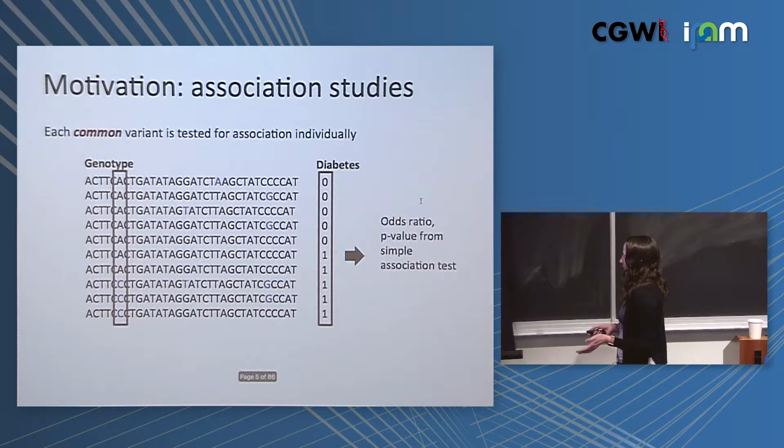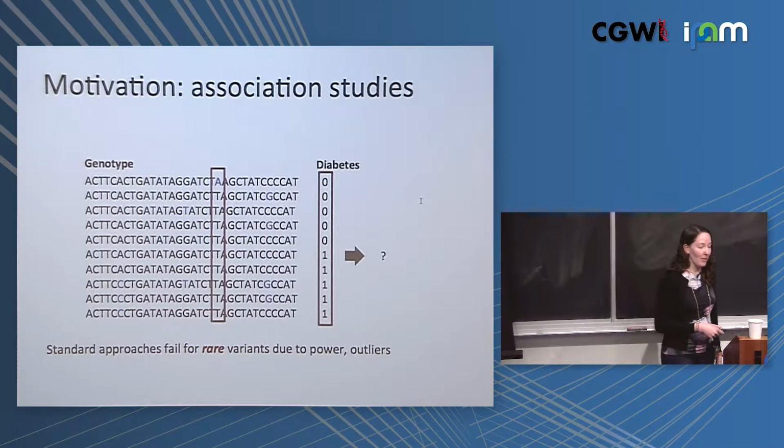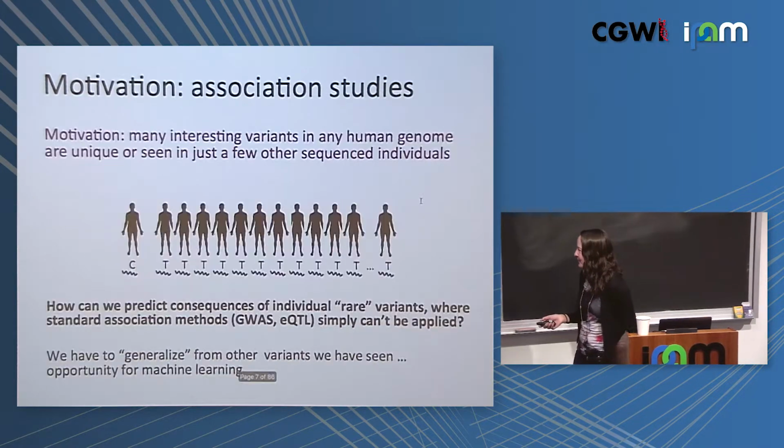So that works really nicely for common variants, but if we apply most standard approaches to the analysis of a rare variant, perhaps we have a data set where only a single individual has a particular allele at the locus we're looking at, we're not going to get anything sensible out of that. So standard approaches generally will fail due to power, or if you have a particular method that's not well suited for outliers, it might actually give you a false positive for a rare variant. So this is not what we want to do.